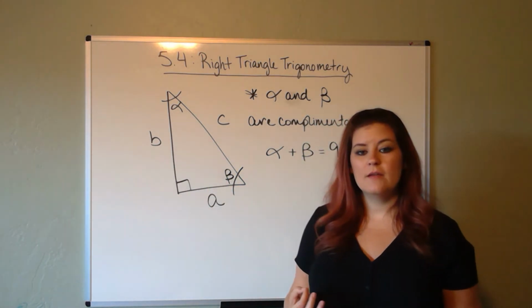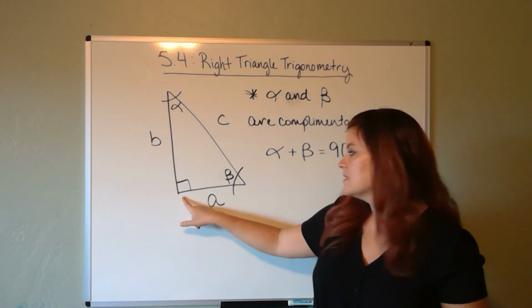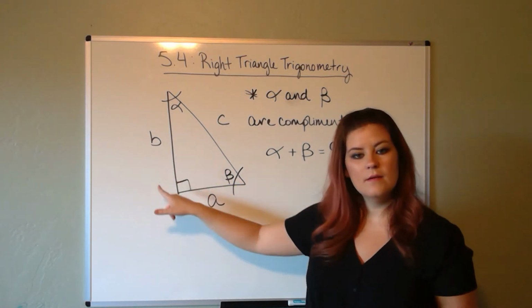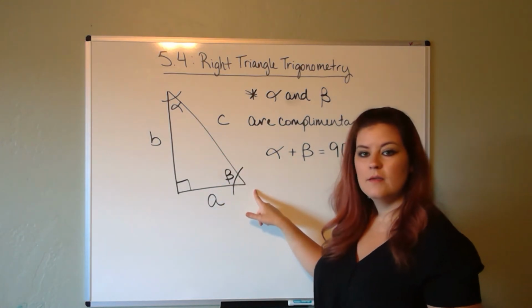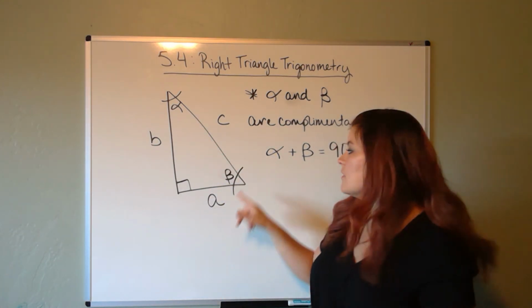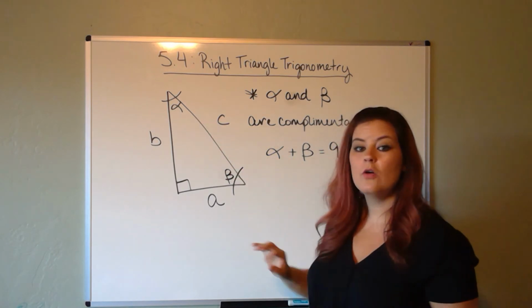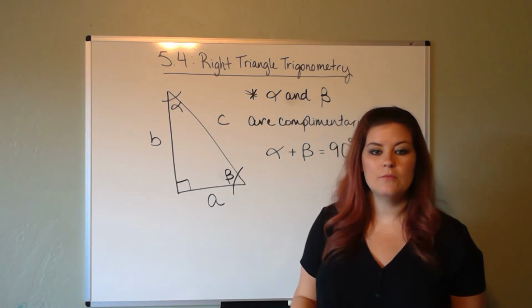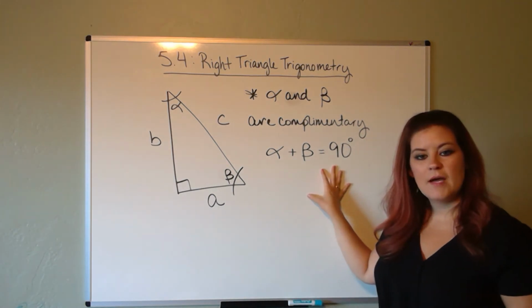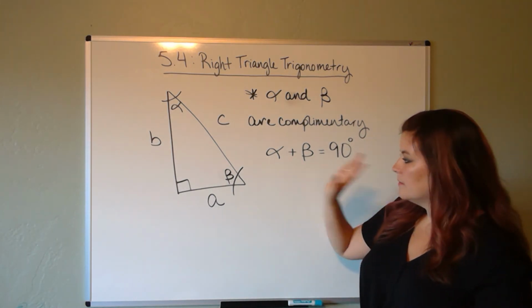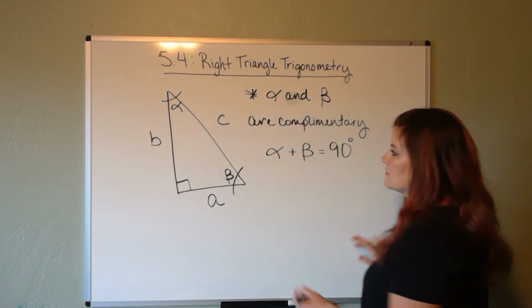In a right triangle, 90 degrees of that is taken up right here. So how much is left over for alpha and beta? Well, 90 degrees. So alpha and beta in a right triangle always have to equal 90, which means they're complementary. I want you to keep this fact in mind as I introduce you to a few more facts.